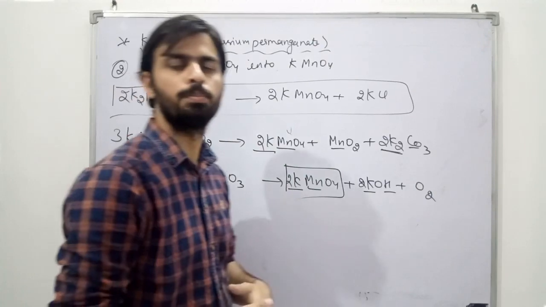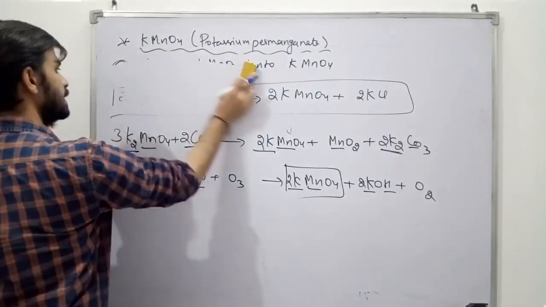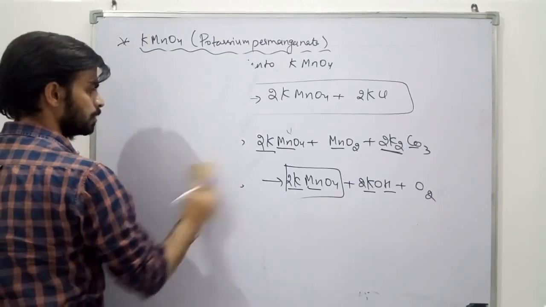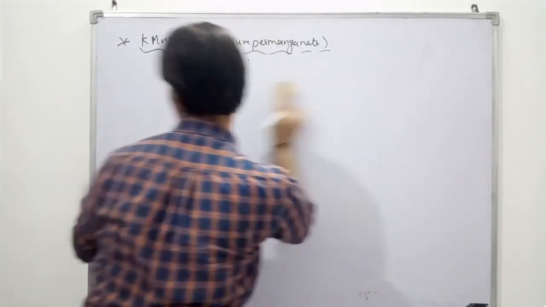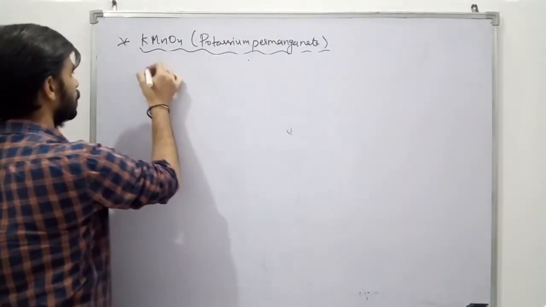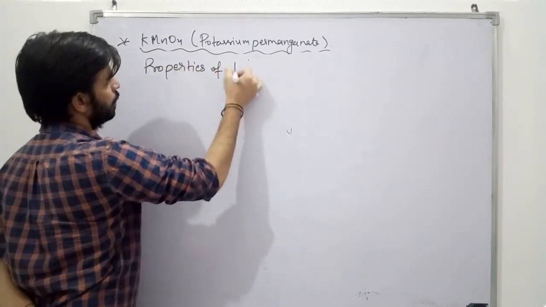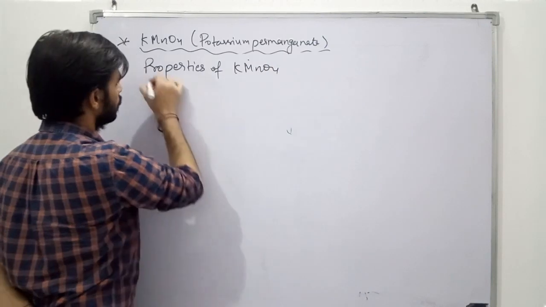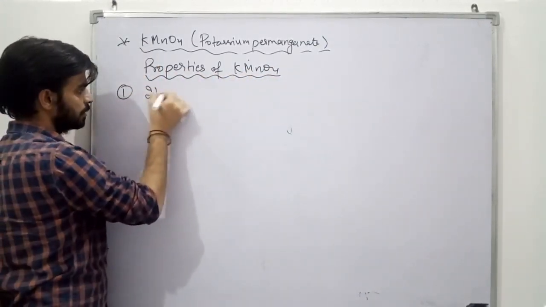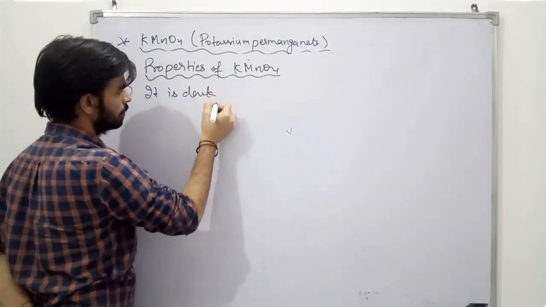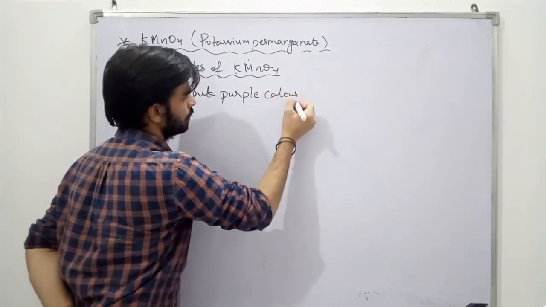Now, let's talk about some properties of potassium permanganate. It is a dark purple color crystalline substance. So, properties of KMnO4 or potassium permanganate. The first point, it is a dark purple color crystalline substance.